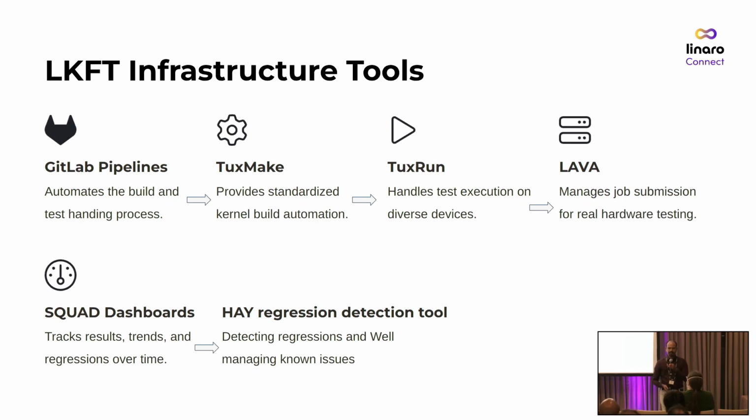This is a regression tool that is being developed recently in Linaro, where we are mainly focusing on known issues. Known issues are really a pain, because a particular test case is unique, but it has multiple dimensions. It could pass with the X toolchain version, but fail with the Y toolchain version.